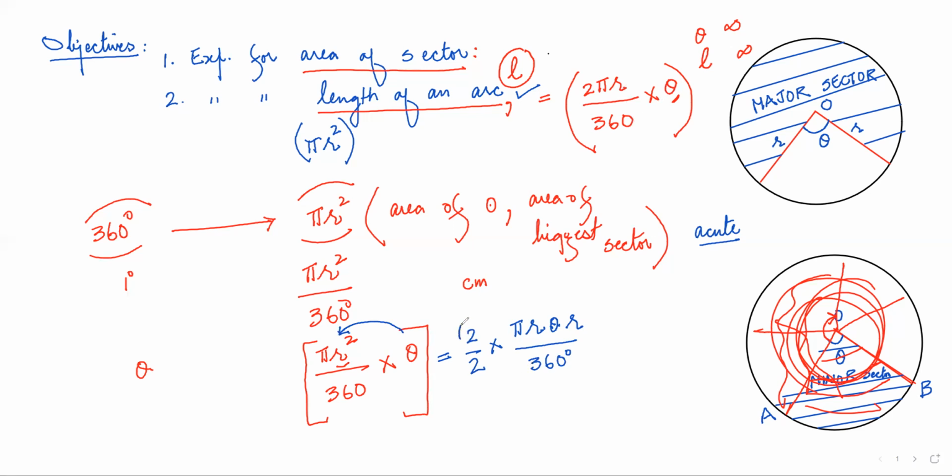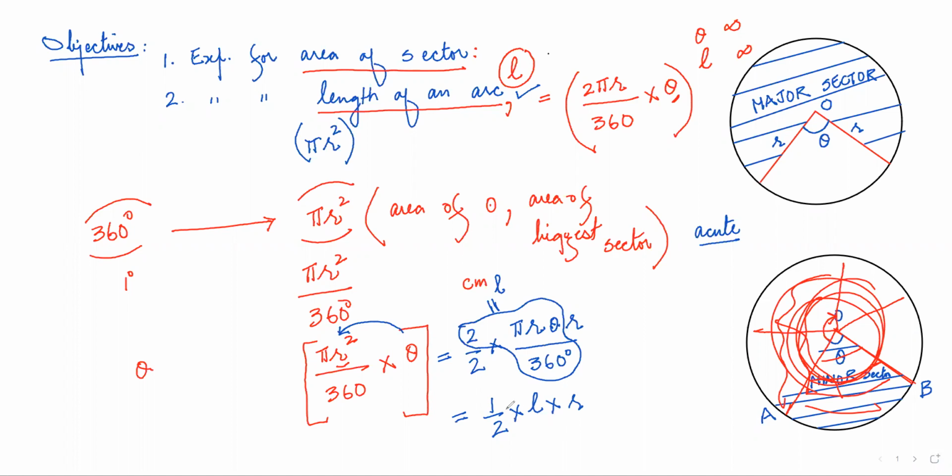So am I getting 2 pi r divided by 360 into theta here? So this is L, the length of arc. What is remaining? This thing is L. Please tell me, Falgun. 1 by 2 into L into r. Beautiful. All right. Happy?